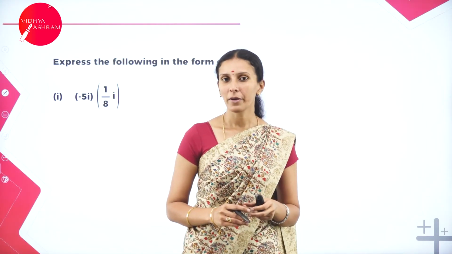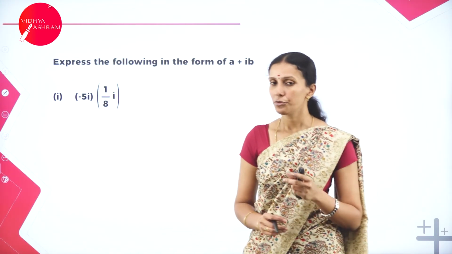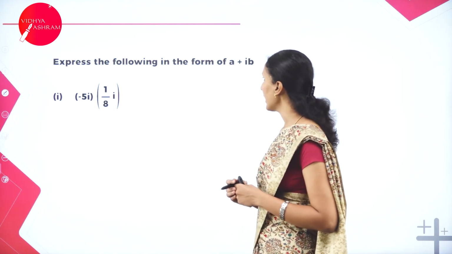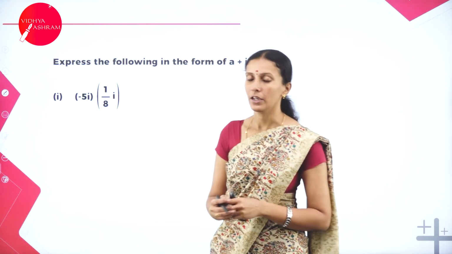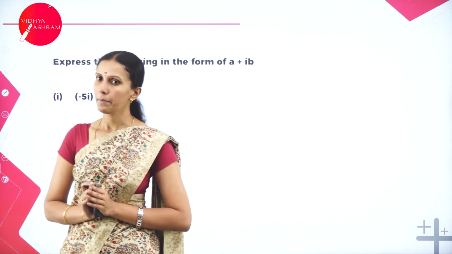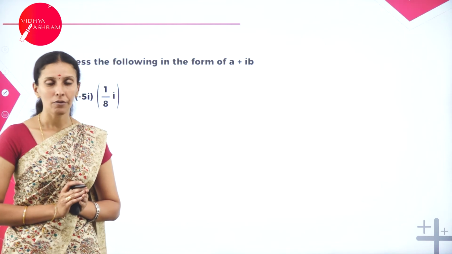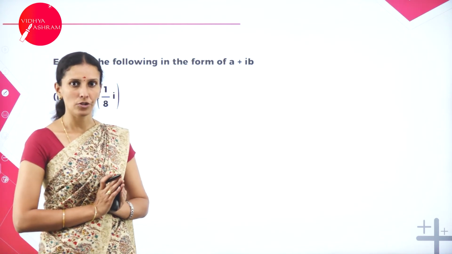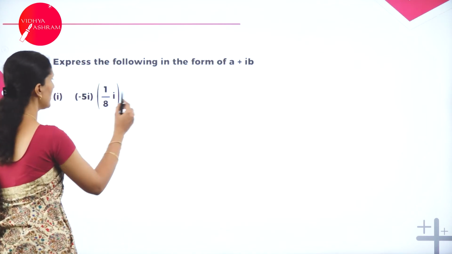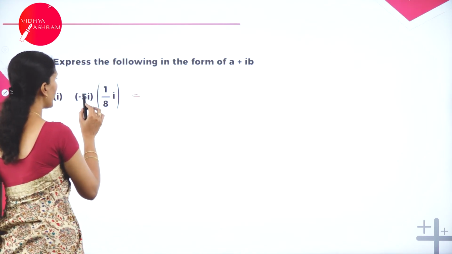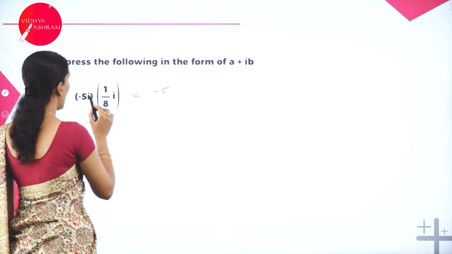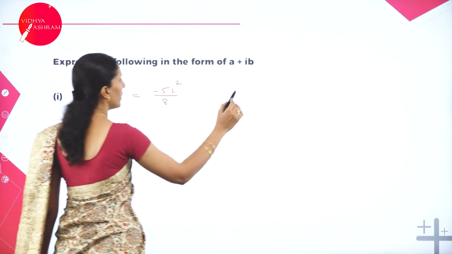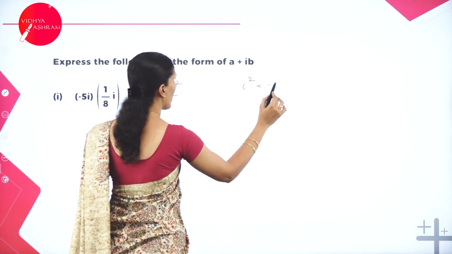Next, we come across a few types of questions which may carry 1 mark in your examination. That is, express the following in the form of a plus ib. We know all complex numbers can be expressed in the form z equals a plus ib, where a is the real part and b is the imaginary part. So let's try to solve this. This can be written as minus 5 i into i, which becomes i square, over 8. We know the value of i square is minus 1.